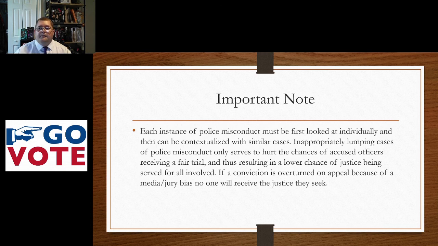Now we have a continuing problem instead of having a solution. So it's something that we're going to have to re-examine and almost tear down and build up from the beginning in terms of our expectations of the police, what we want to have happen in these situations.